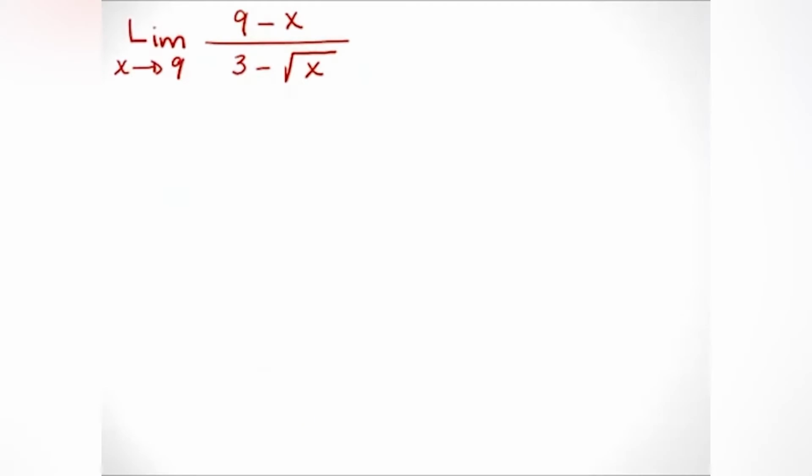In this example, when x goes to 9, it is going to be of the form 9 minus 9 divided by 3 minus root of 9, and it is of the form 0 over 0. And to calculate this limit, I will multiply by the conjugate of the denominator.